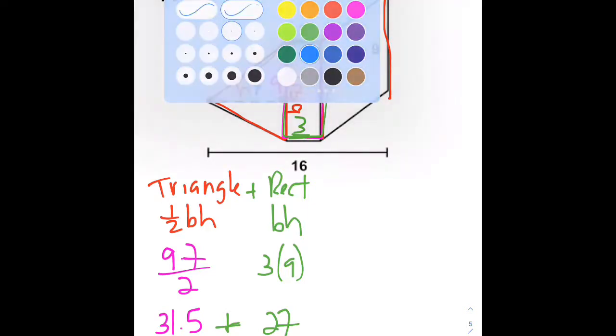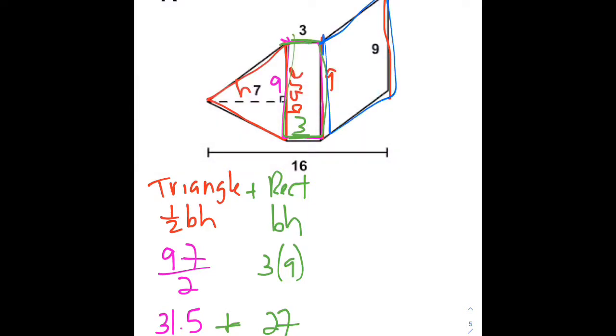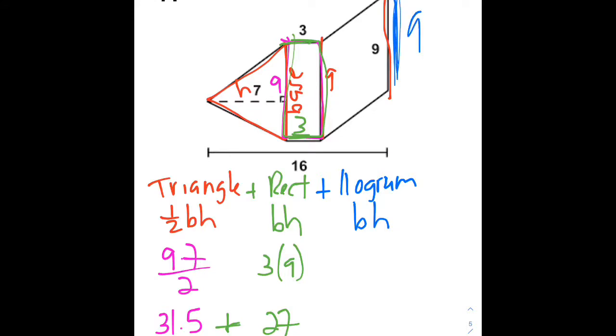And then last but not least, we have this parallelogram. All right, and when we look at, sorry, I don't know why I put a 9 there. That was incorrect. We don't know that it's a rhombus, it's just a parallelogram. So when I look at the parallelogram, it's base times height, and we know that the height is 9. But we need to figure out what the length of the base is.